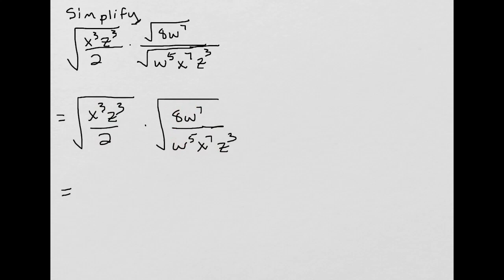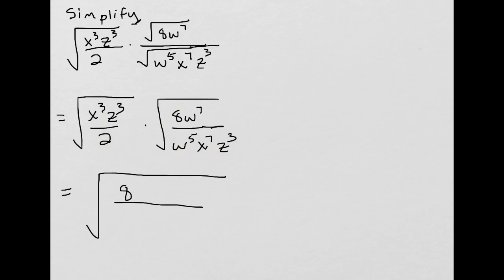And notice that when I do that, I've got two fractions. So when I multiply fractions, I'm just going to multiply my tops together and my bottoms together. So here we go. We're going to have the square root of, and then my top is going to be 8. And here's where I like to have my variables kind of in order.